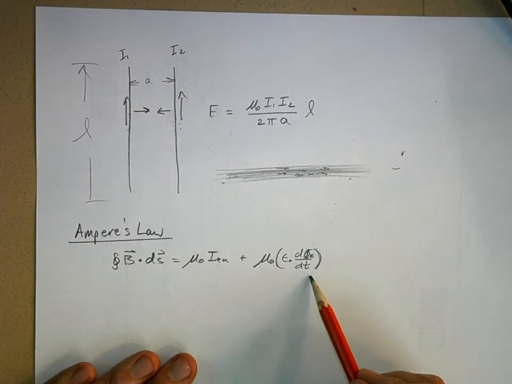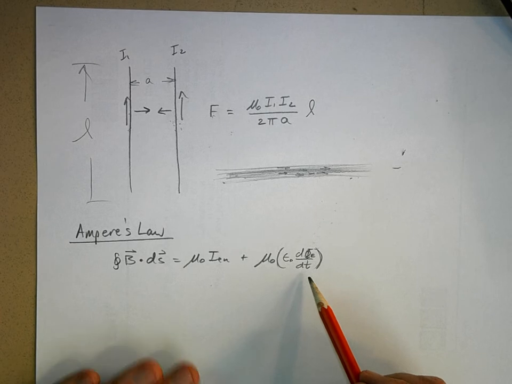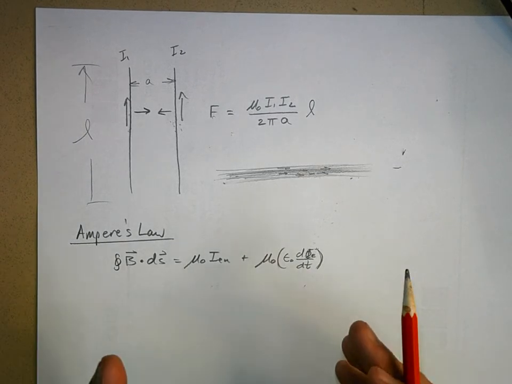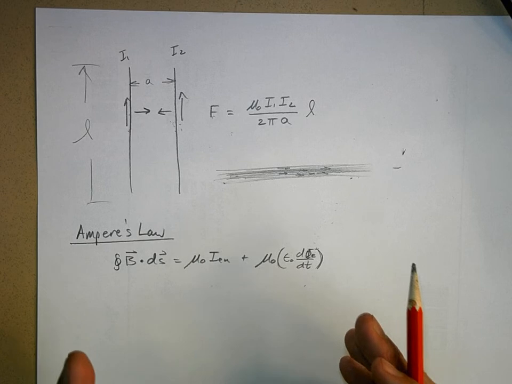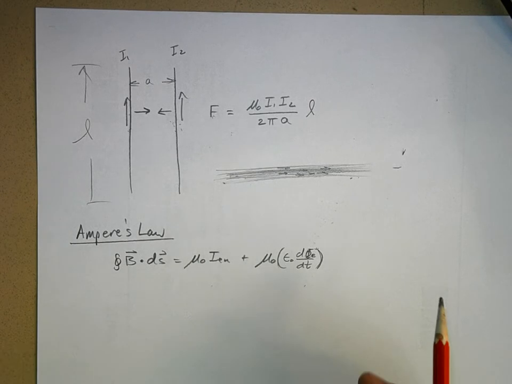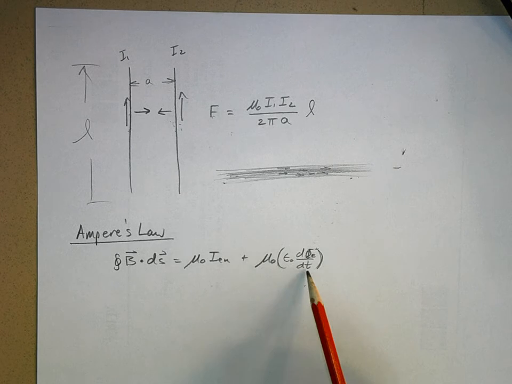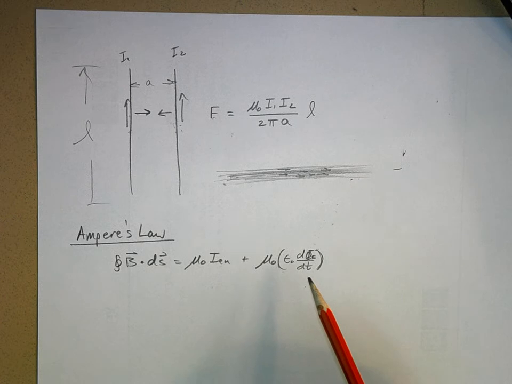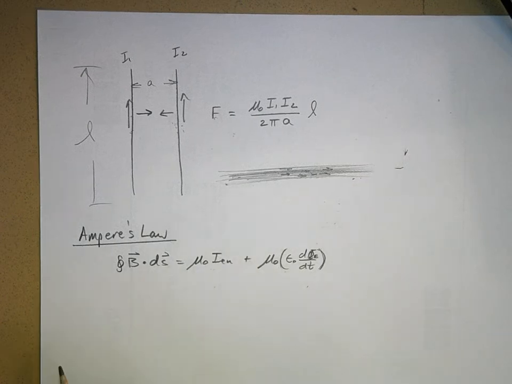And the only problem I've seen where we deal with this is when you have a capacitor that's filling with charge. A capacitor filling with charge acts just like the wire that feeds into it. So the rate at which you change the electric flux times epsilon naught is really the rate at which we're adding charge to the capacitor, which is really the current leading into that capacitor. But let's just talk about this part right now.